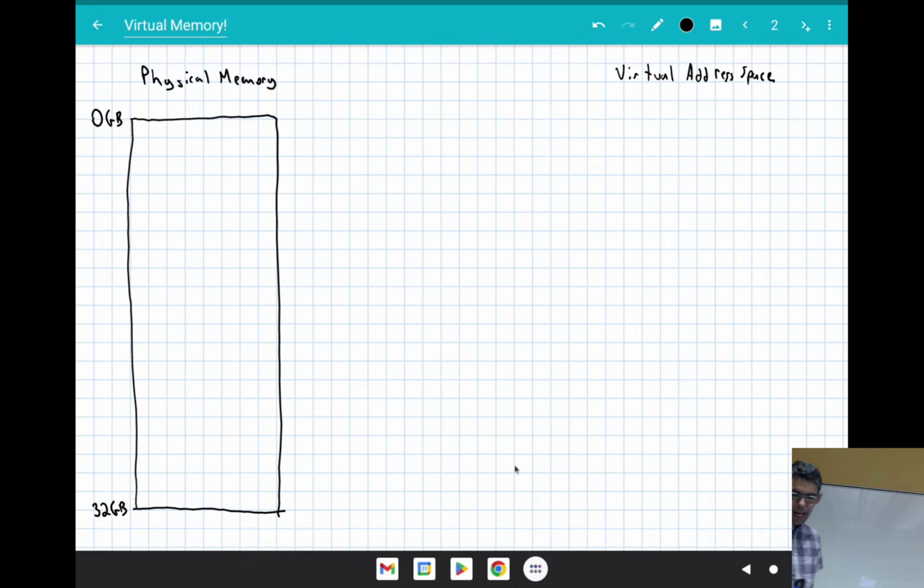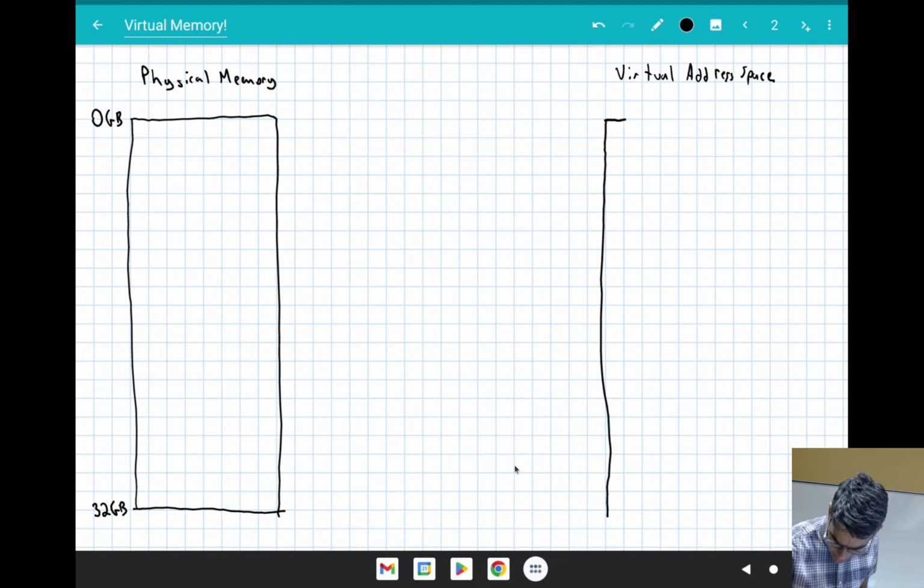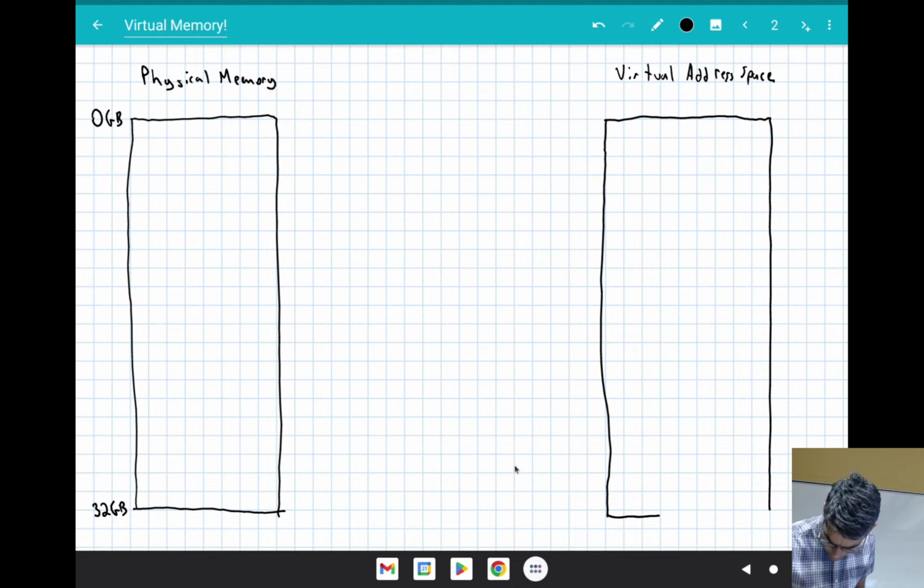And our virtual address space for our running process will also be the traditional rectangle shape, but it's going to have, and we're just kind of hand waving this, 64 bits of space. So it's still the same idea.